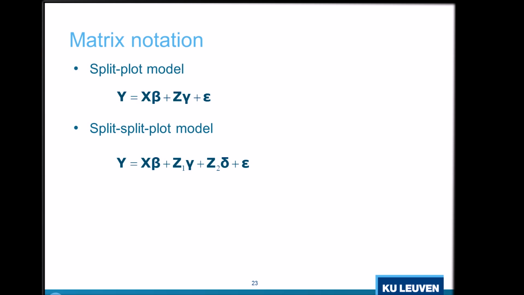In the split-split-plot model, we have the gamma vector again to collect all the random effects for all the whole plots in the experiment. And on top of that, we now have a delta vector to capture all the random effects of the second kind of grouping, the subplots in the split-split-plot model.